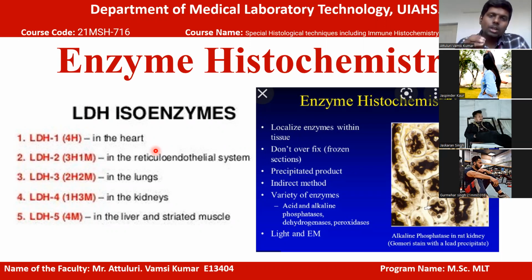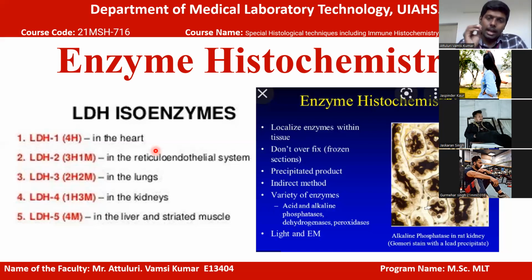Enzymes play a crucial role in the metabolism of various biomolecules. So understanding the functional activity of enzymes is very important in order to assess the functional status of the tissue.